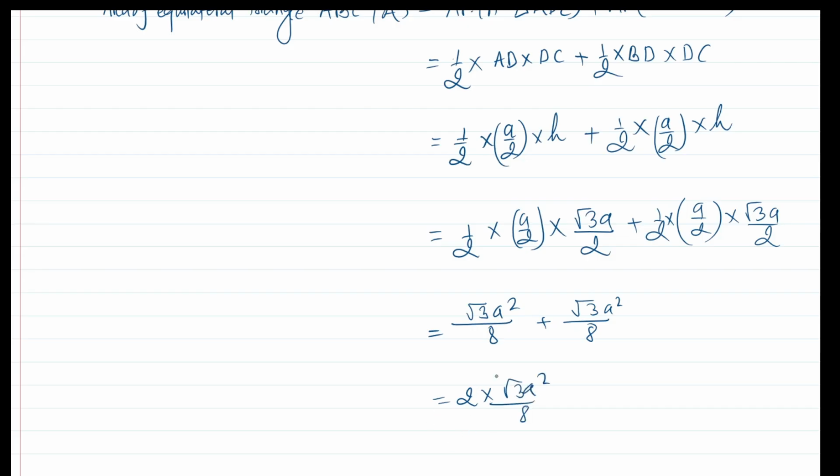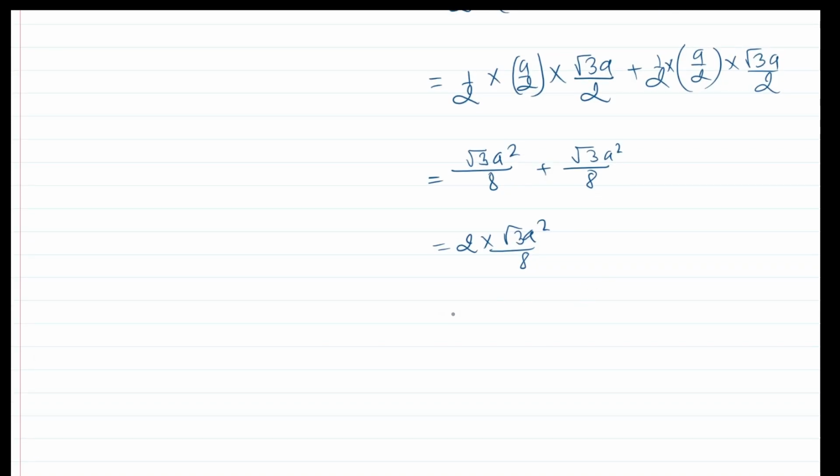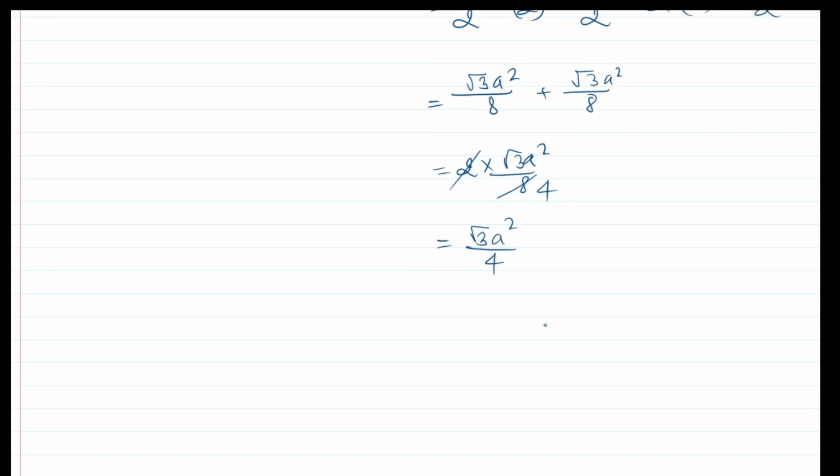If we further simplify, 2 is cancelled, and here in the denominator we'll have 4. This is the area which will be in square units, right?